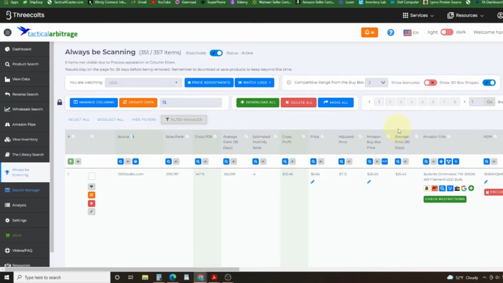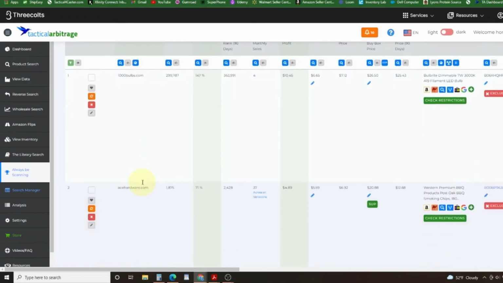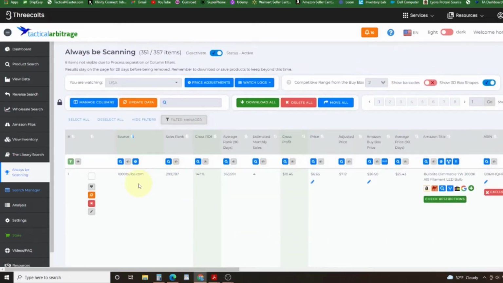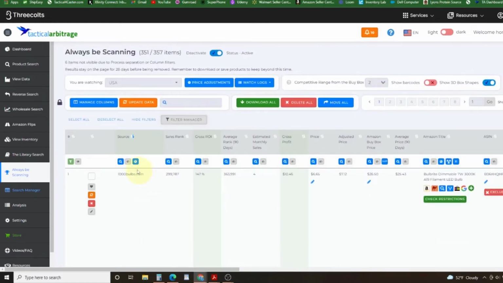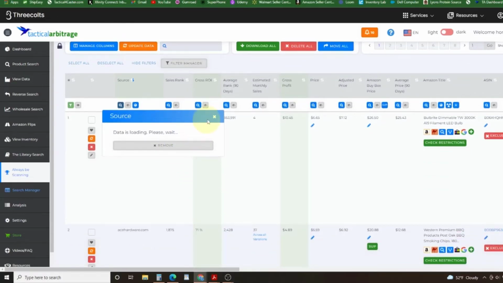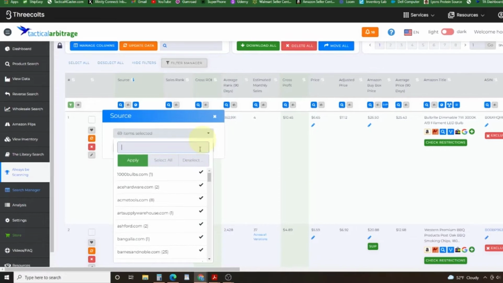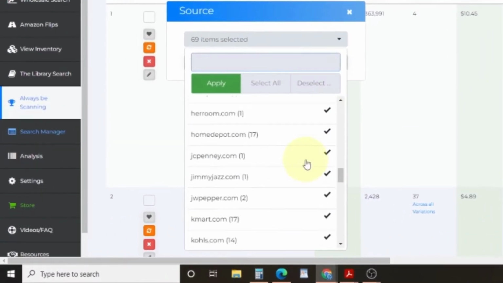Now, the first thing I do, there's all types of ways you could do it. I have this organized in alphabetical order by store. That's the way I wanted the results to come. You could take out different stores that you don't source from. I mean, there's just all sorts of ways you could do things. For example, I don't source Kmart, and I would suggest you don't either. You can take that out if you want.